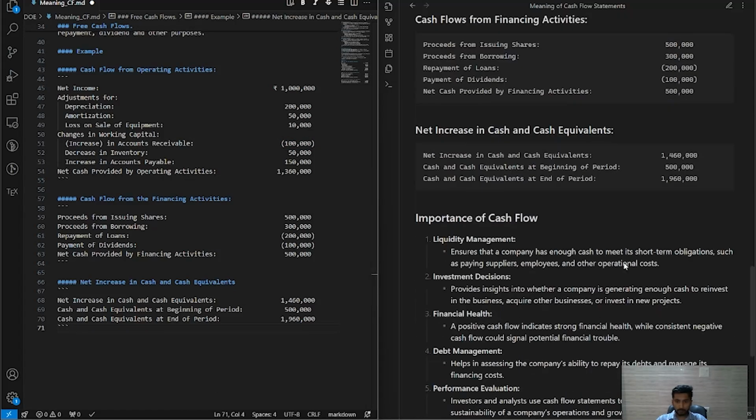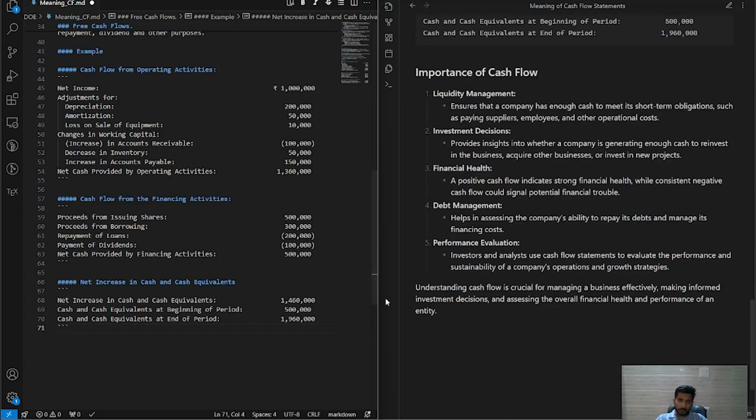So now let us talk about the importance of cash flow. Why is cash flow important? First of all, liquidity management.